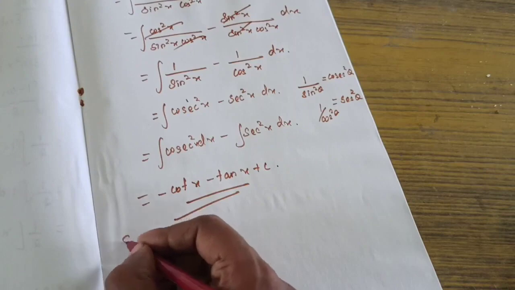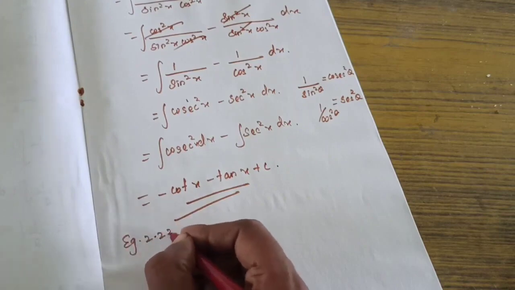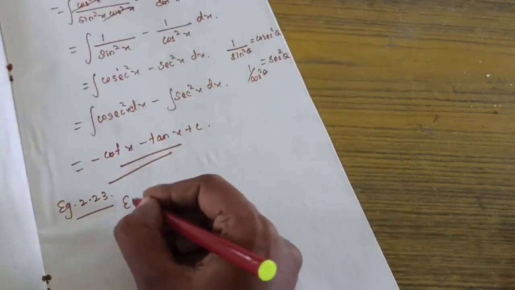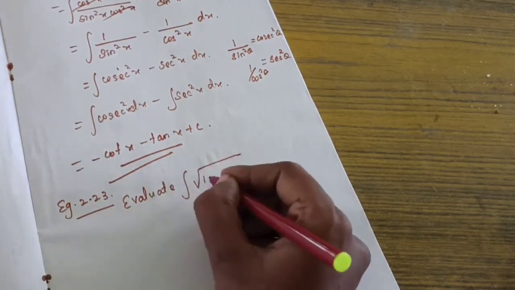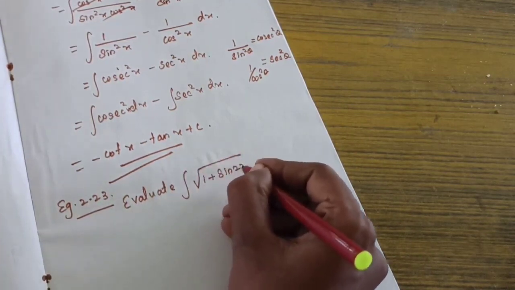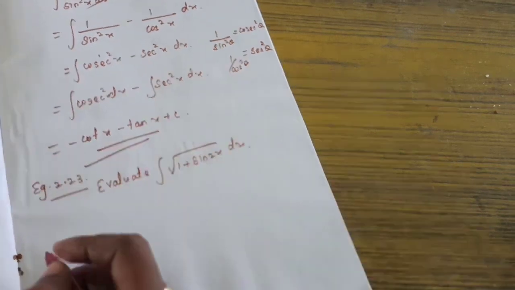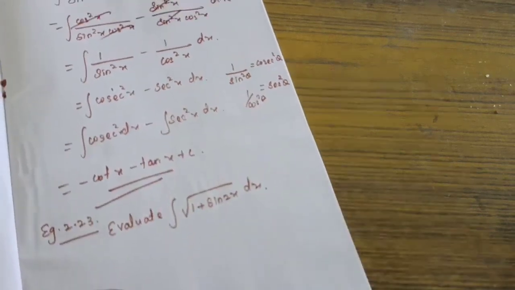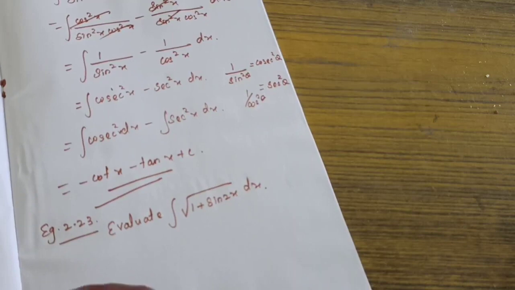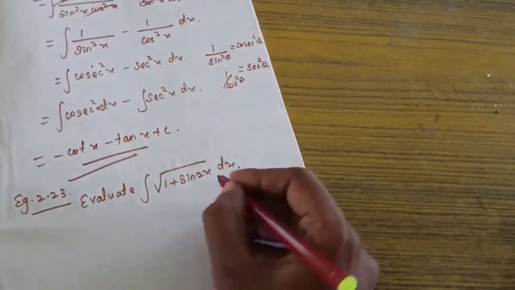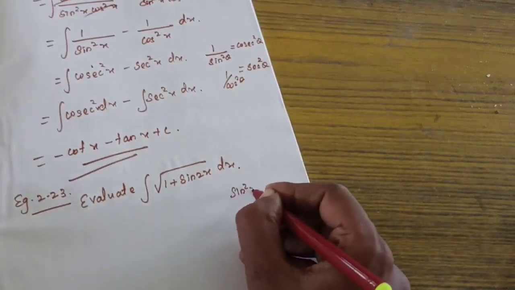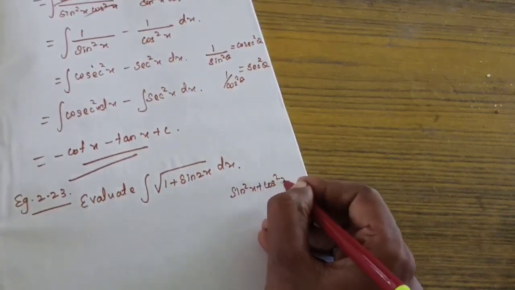So one more question we can do. Example 2.23. Evaluate integration of square root of 1 plus sin 2x dx. So here we are going to use another formula. You know the rule, sin square x plus cos square x, what is the value?